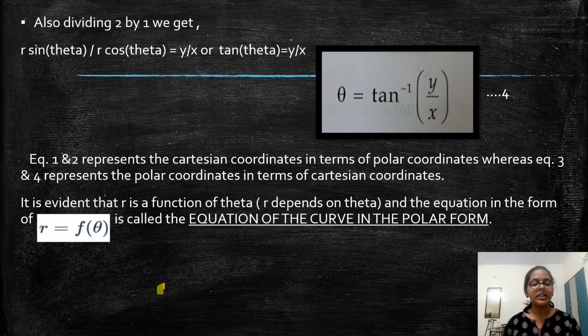It is evident that r is a function of theta. That means r depends on theta, and the equation in the form r is equal to f of theta is known as the equation of the curve in the polar form.